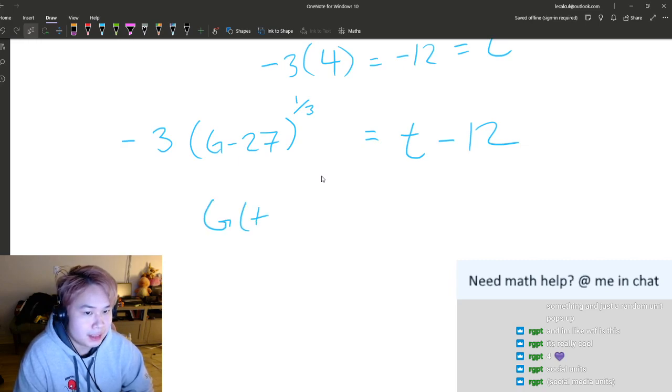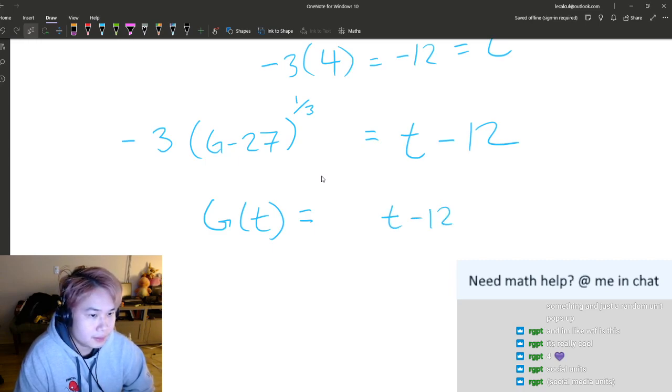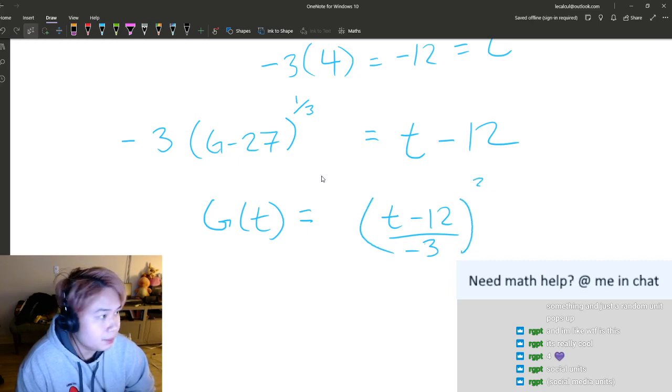So G of T is going to be T minus 12 divided by -3 to the power 3 plus 27.